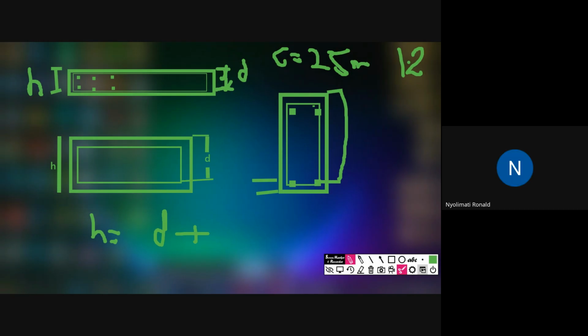The bar you're using is of diameter 12, you divide by 2, plus you're using a link, the whole of it, which is L, then plus the concrete cover, which is C. You understand?